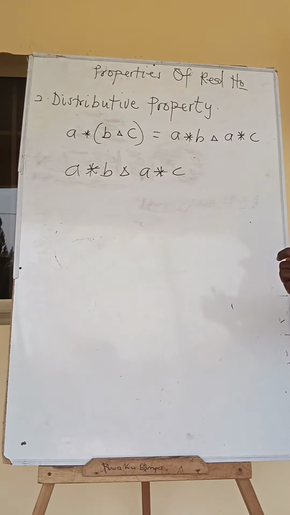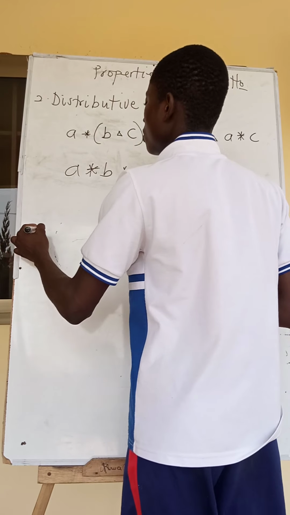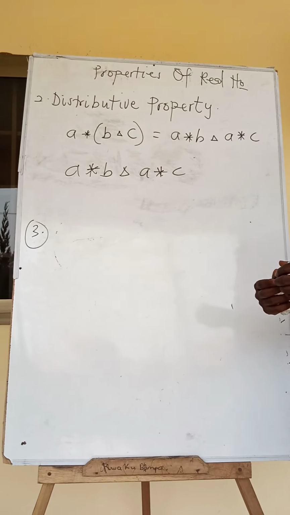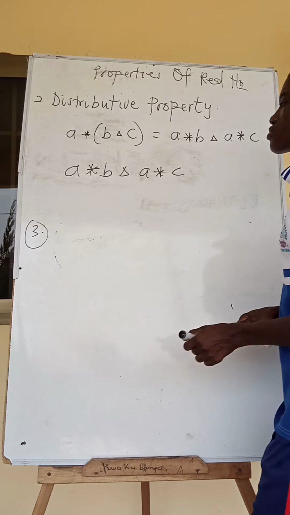Alright. So let's do one last property called associativity. I'm just explaining the formulas to you. We will take more examples under binary operations, and the examples will help us to understand it. So let's go to the next property.